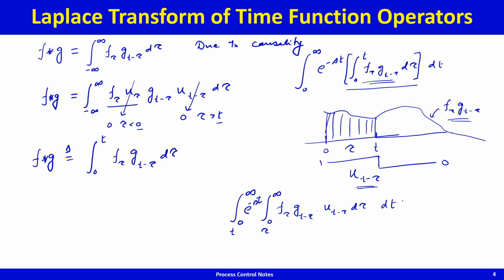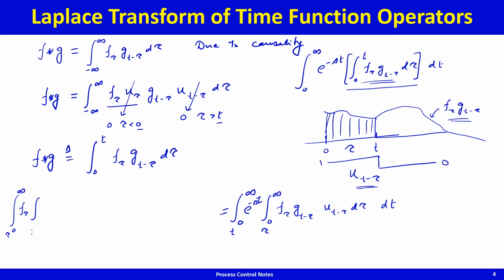See, now both the limits are 0 to infinity, so I can switch the limits and do the time integration first and then the tau integration. So this is equal to the integral over tau from 0 to infinity, and f of tau is a constant with respect to t but not tau, so f of tau comes out of the inner integral.